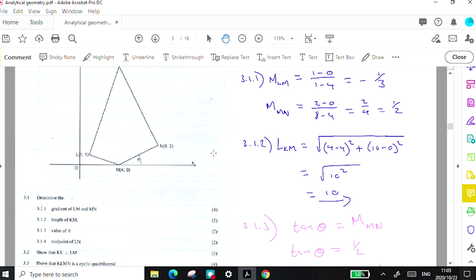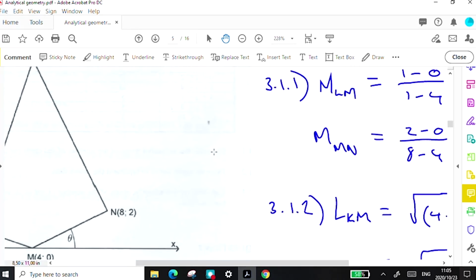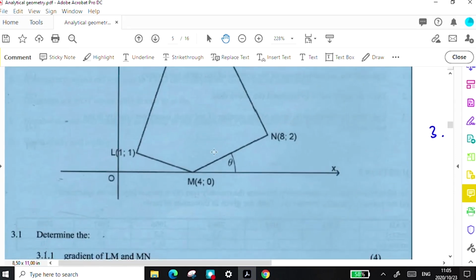And for the y value, we're looking for 2 plus 1 divided by 2.